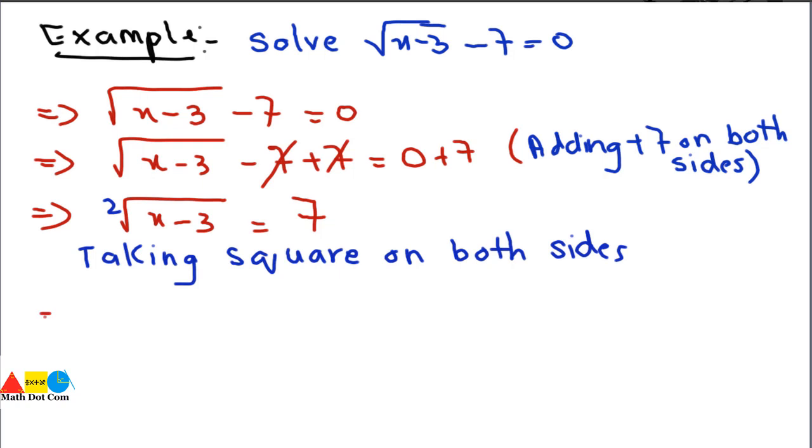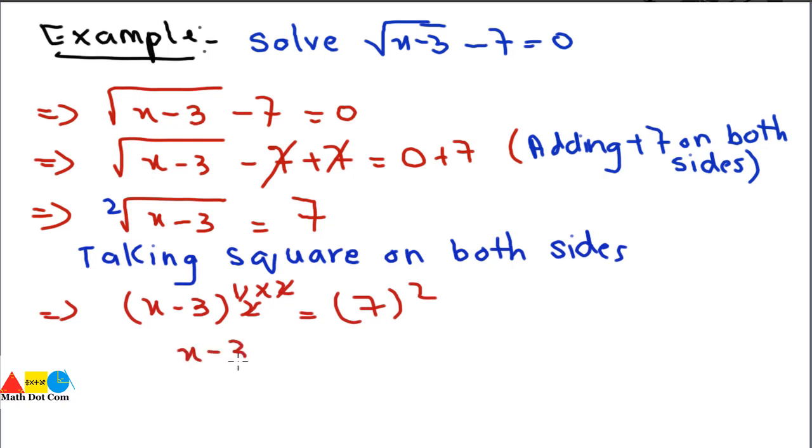Then the square root is cancelled by the square, and we get x minus 3 equals 7 squared, which is 49.